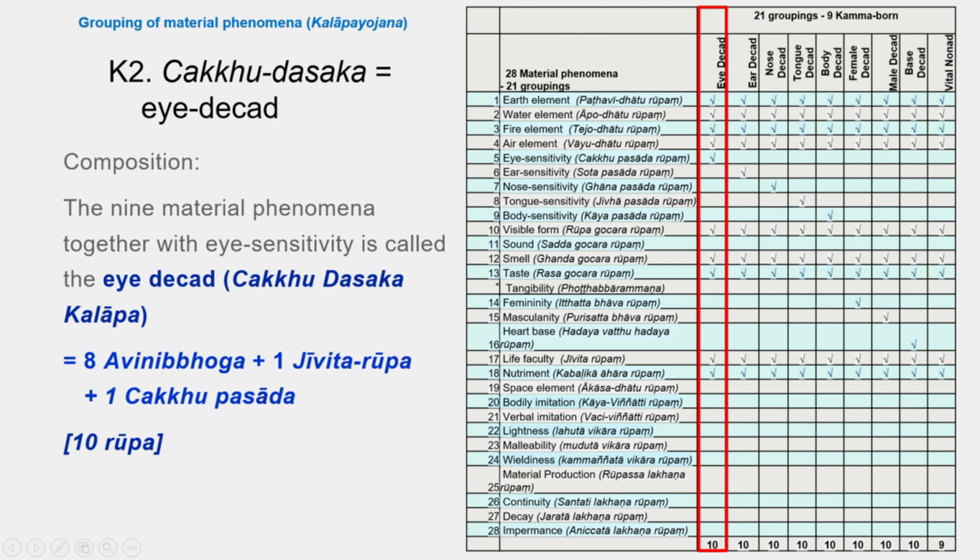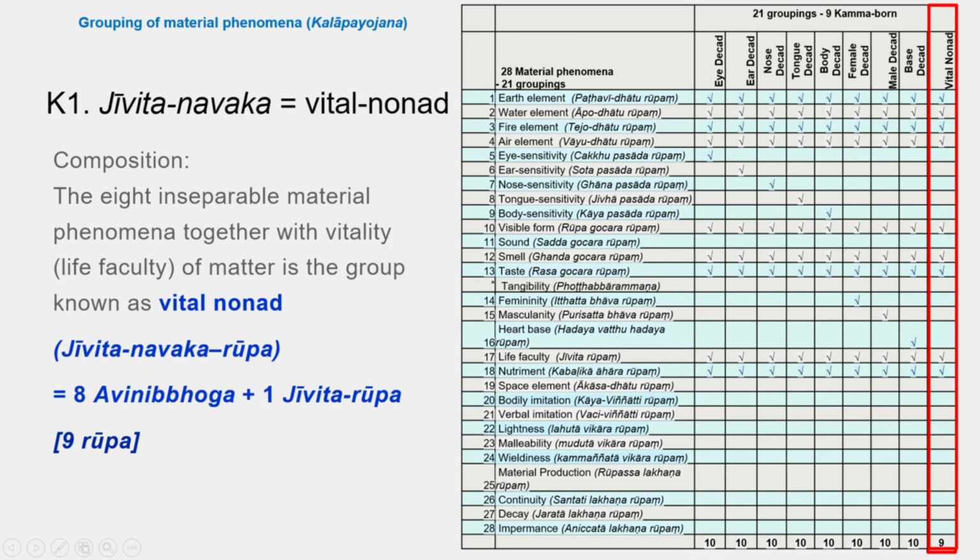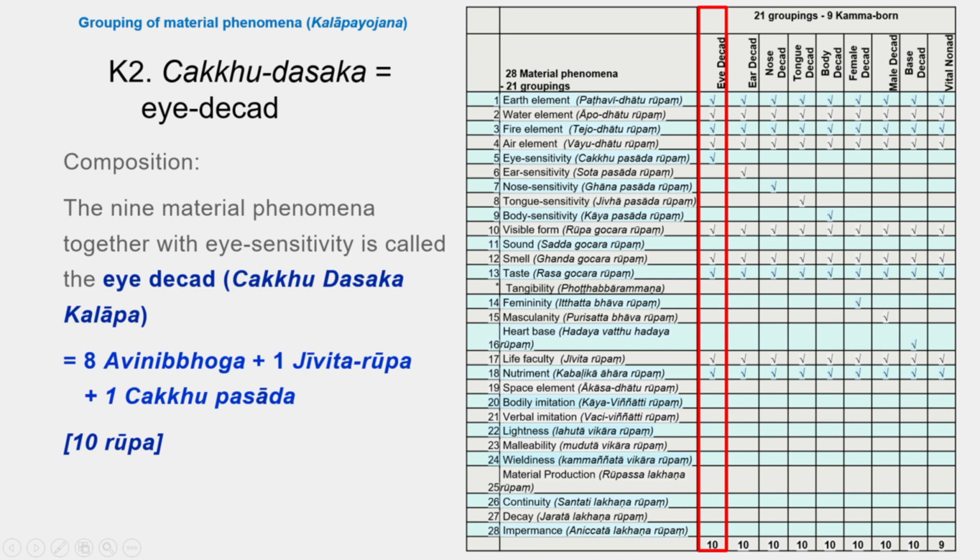The nine material phenomena together with the eye sensitivity are called the eye decad, Chakkhu Dasaka Kalapa. This is the second one. The first one is the life faculty one, and then the Chakkhu one, the eye one.